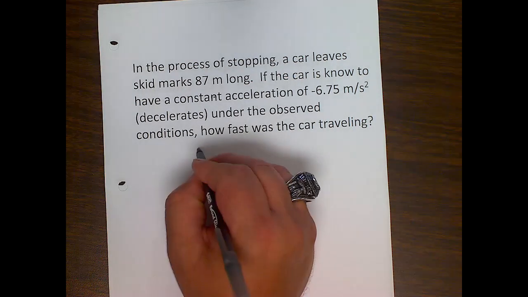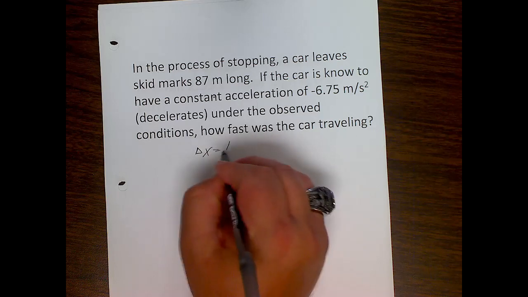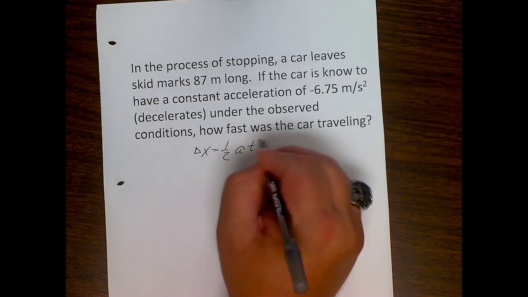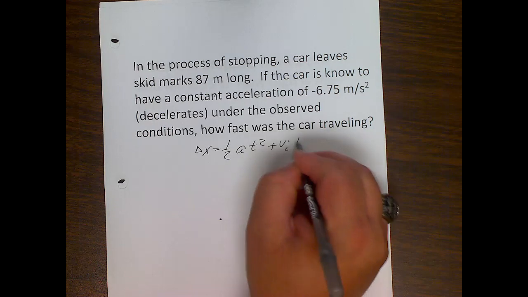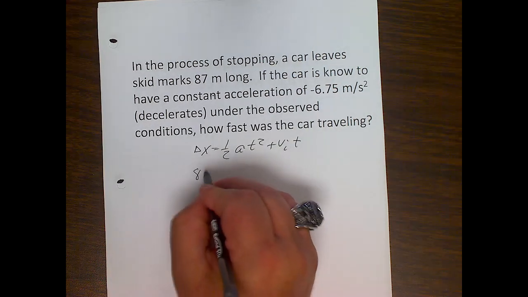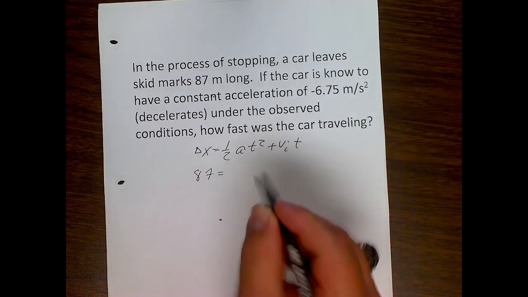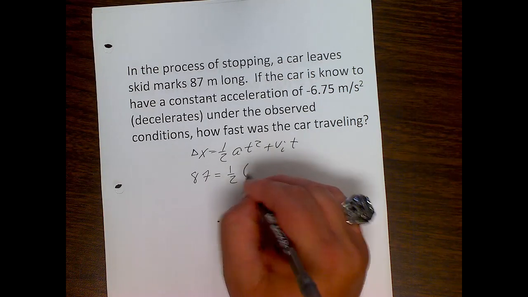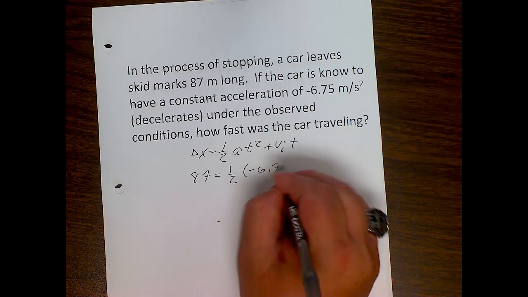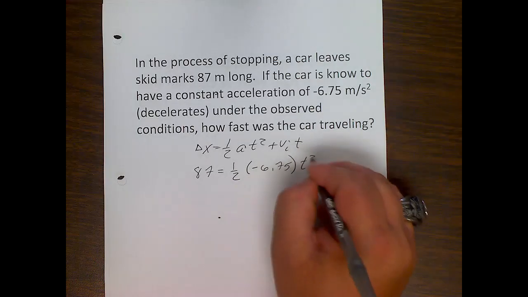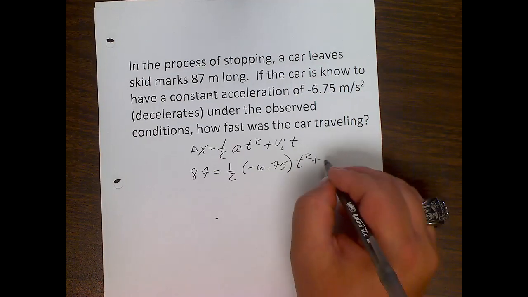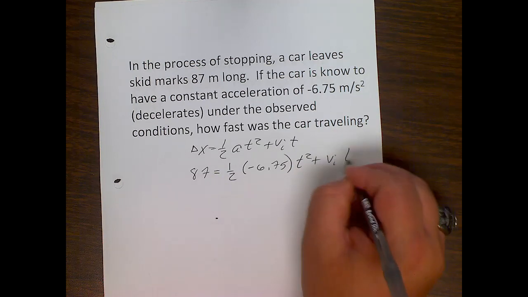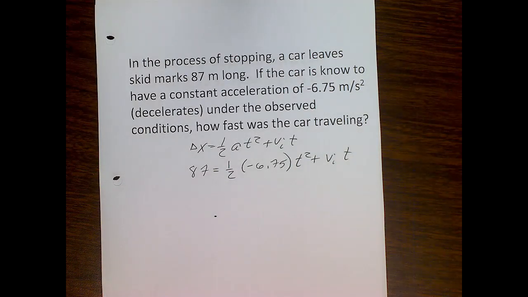So in this case, we have delta x is 1/2 at squared plus vit. 87 meters is equal to 1/2 negative 6.75 t squared plus vit.